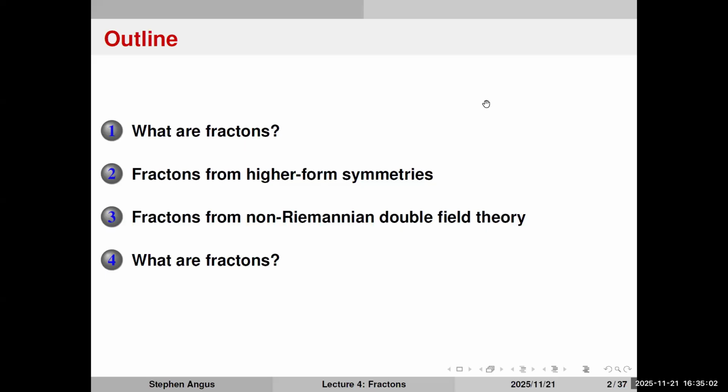And then the second topic is something a little more exotic, which is another approach to fracton physics, where we obtain some properties of fractons from non-Riemannian double field theory. So I will go through that as well. And then finally come back to the question of what fractons really are.